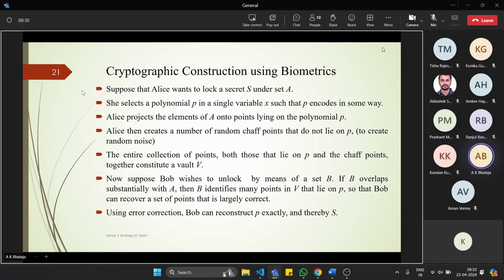So suppose Alice wants to lock a secret S under A. Here A is the biometrics. She selects a polynomial P in a single variable X such that P encodes S in some way. So basically, the problem with biometrics is that you can't have the same order of the sequence every time.